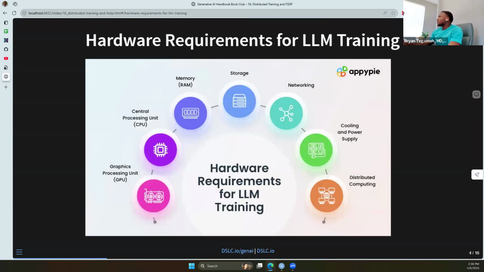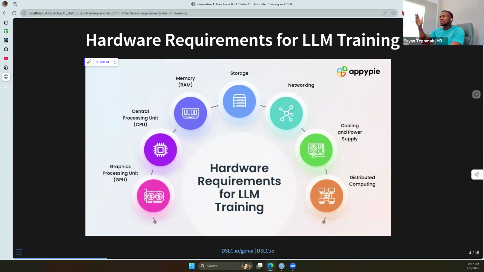Some of the hardware requirements for large language models. Here we see typical hardware setups for training large language models that illustrate the different computational and memory requirements. You have graphics processing units. We have central processing units, which many of you might be familiar with because that's what most of our previous computers have, CPUs.